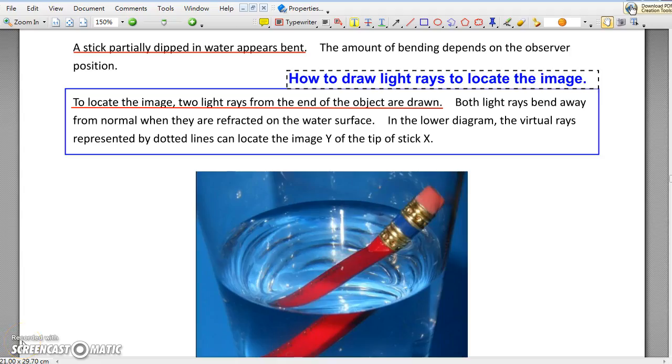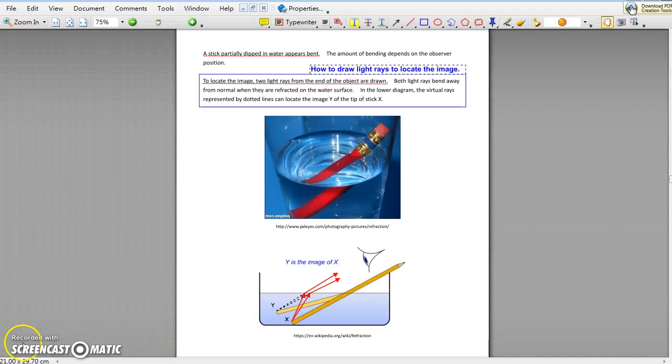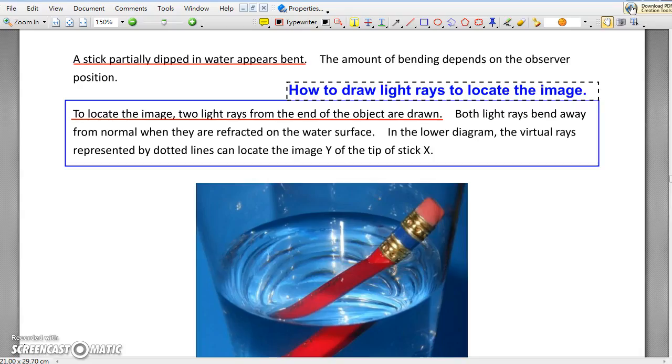Another example is a stick that is partially dipped in water. It appears bent. Why? You can see the ray diagram at the bottom of the page, and this ray diagram is almost the same as the one on the last page.